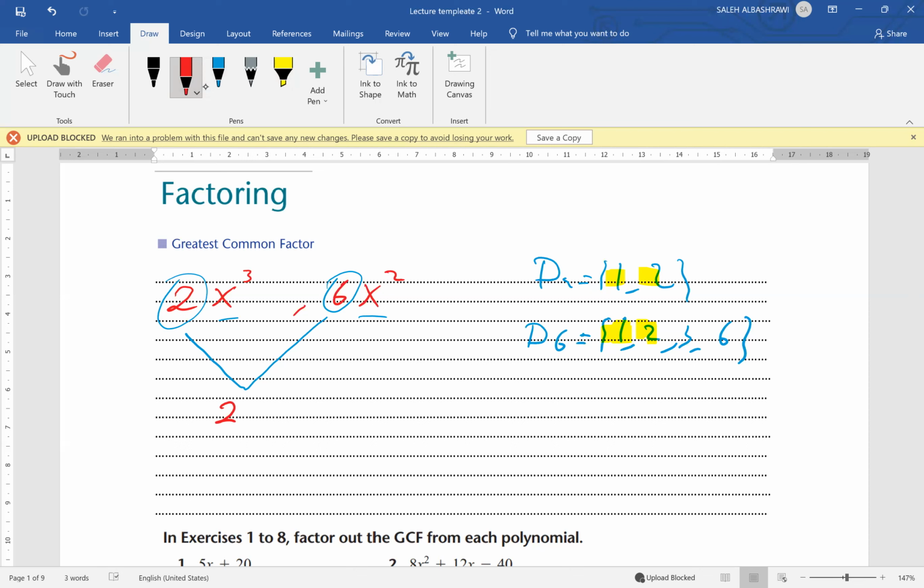For the variable part, I have x to the power 3 and x to the power 2. We choose the variable with the minimum or the lowest power.